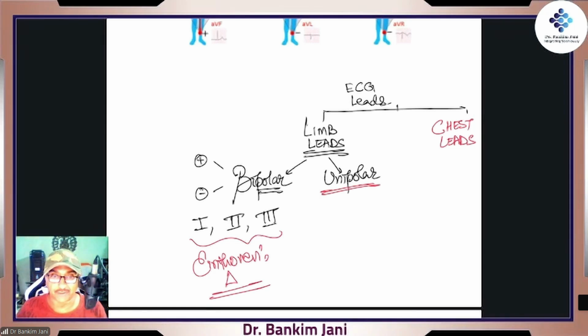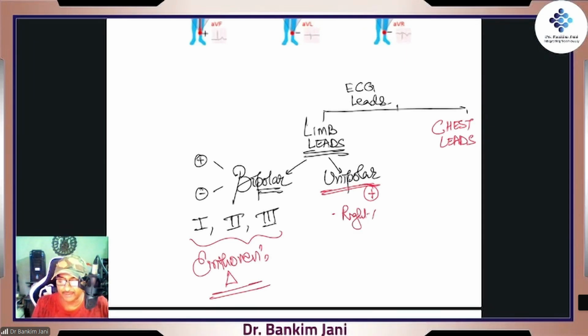Bipolars were 1, 2, 3. So then what about the other ones? Now these are unipolar. That means there would be only one positive. There would be only one positive. Rest of the entire circuit is made negative. I'll show you. So there is only one unipolar, that is only one pole. So which 3 poles? Well, right arm, left arm, and the left foot, right?